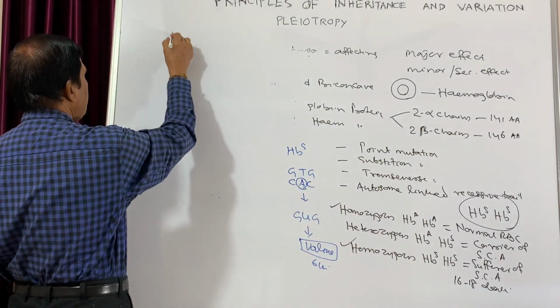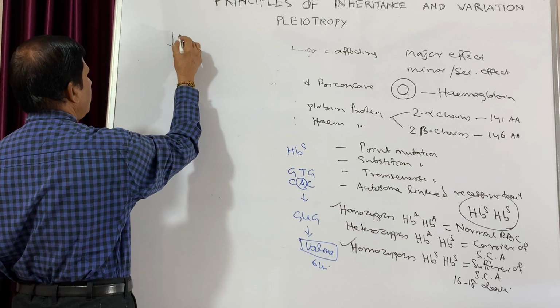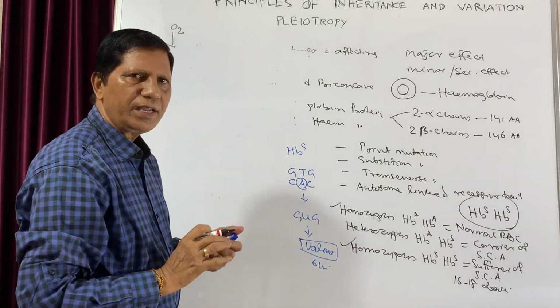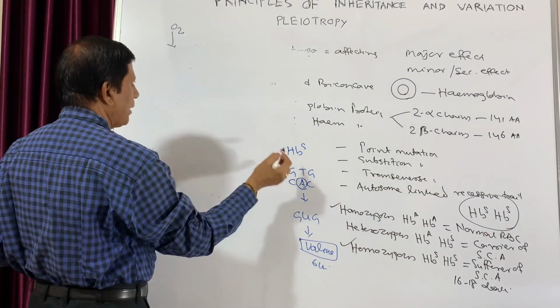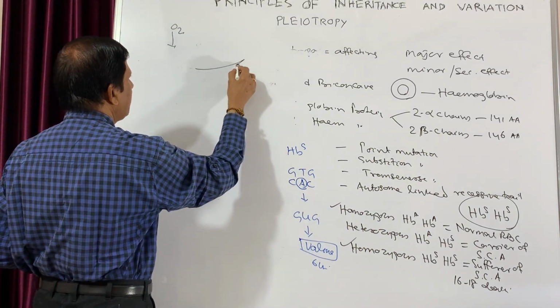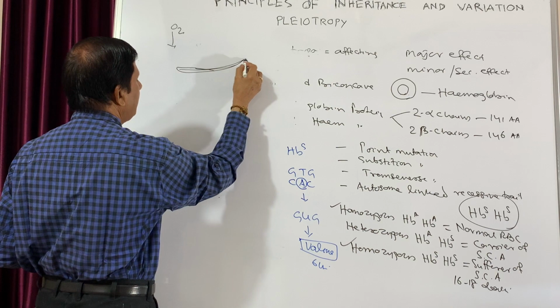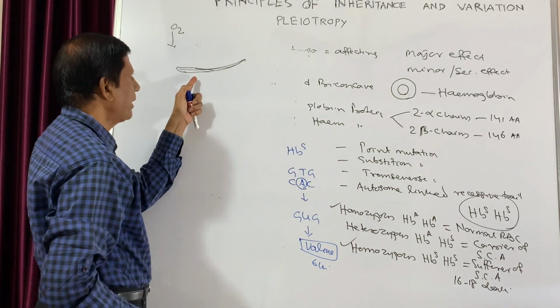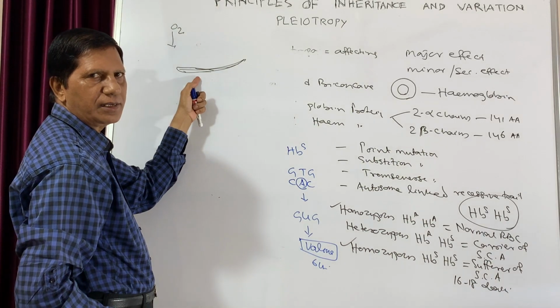So when the oxygen concentration decreases, then usually the RBC becomes sickle celled, like this. While the normal one is this one. When it becomes sickle celled, it becomes like this.